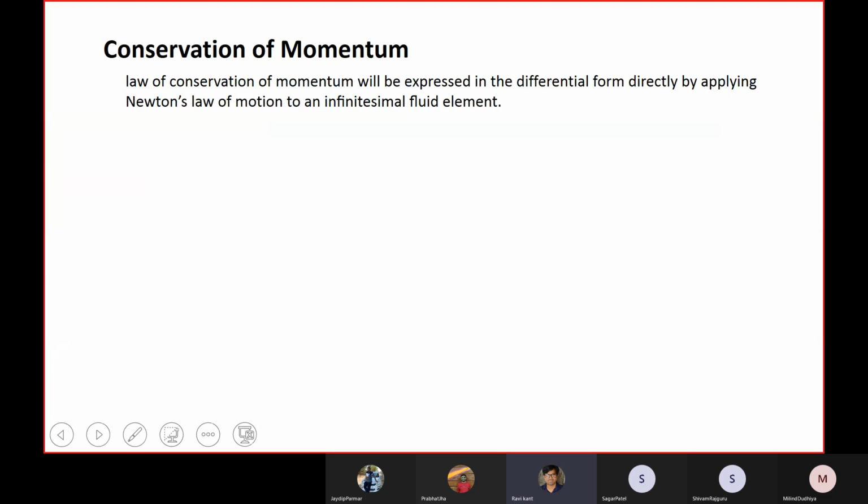So today we are going to look upon the conservation of momentum principle applied to fluid mechanics, and this is the most crucial and essential part of this course, conservation of momentum, because this will be the starting step towards deriving our full Navier-Stokes equation.